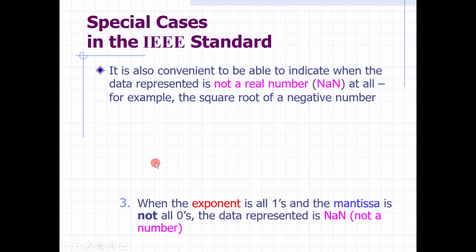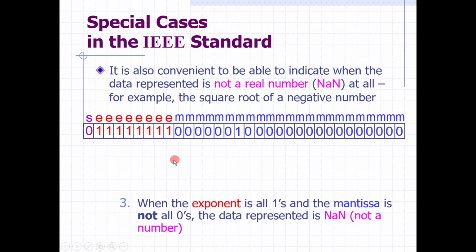We have cases for things that aren't numbers at all. At some point during your calculation, you take the square root of negative 5. That isn't a real number, so you have to put something in memory. So you declare it as not a number, N-A-N. The code for that is all ones for the exponent.